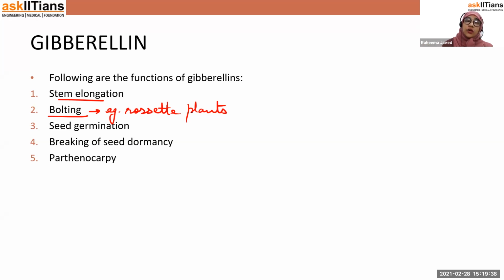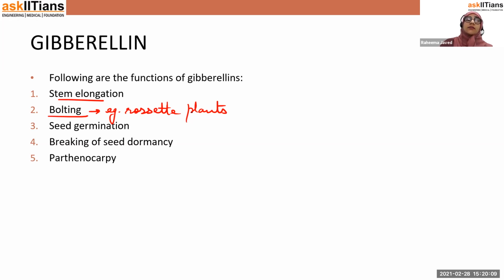But just before flowering begins, the internode grows so long that the plant becomes 5 to 6 meters tall, taller than the previous height. This process is known as bolting, where the internode elongation takes place just before the reproduction.